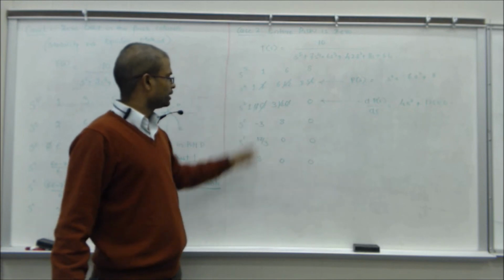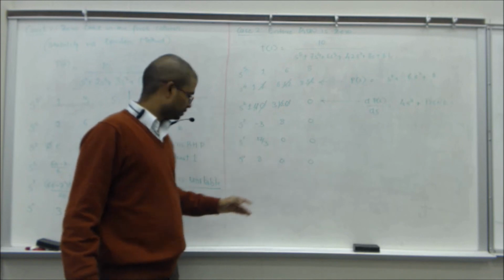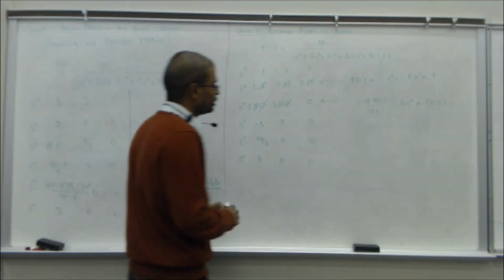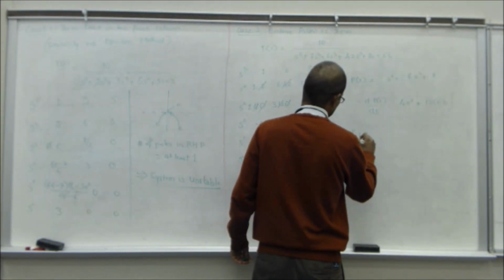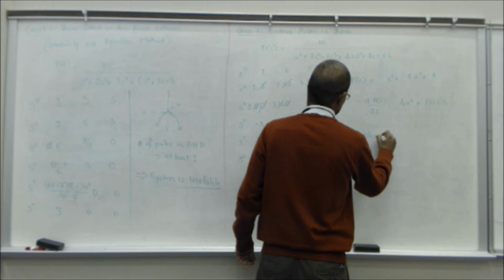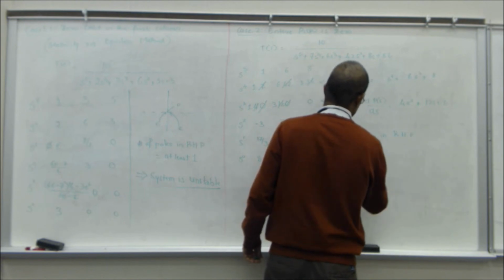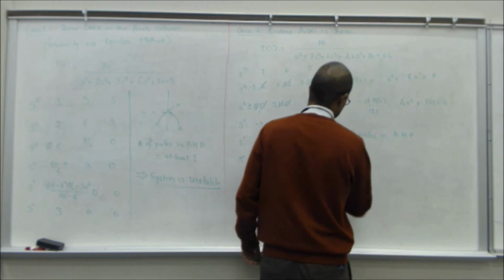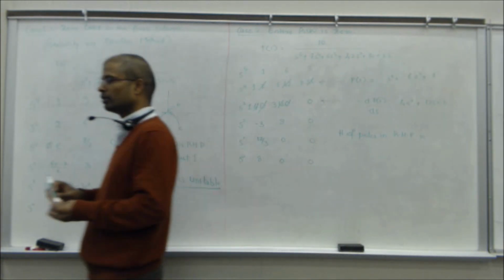So if you look at this again, you have completed the Routh table. Is the system stable? How many poles are there in the right half plane? Can you take a look at the first column and tell me?